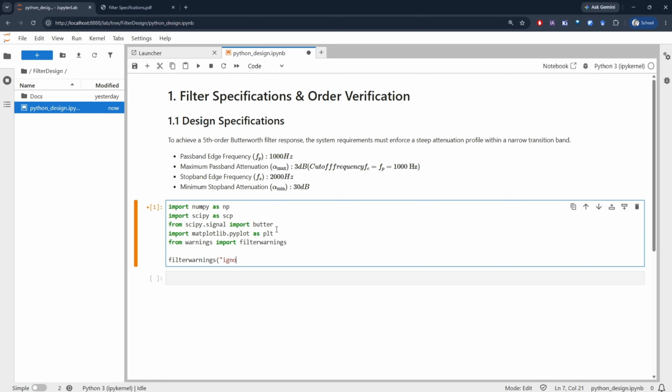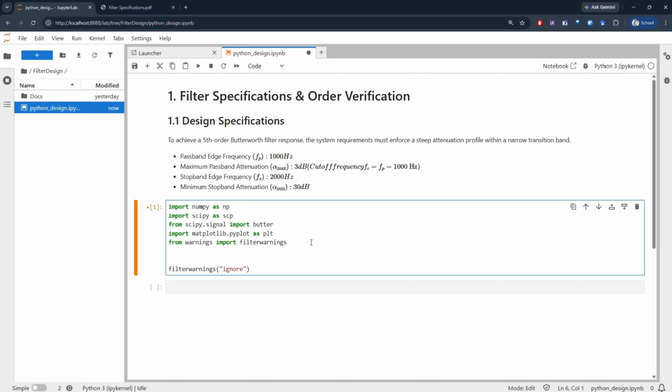Because I'm going to use the control library from MATLAB, and the matlab.tf has been deprecated, so I'm going to use ignore so that I ignore those messages. So from this, I'm going to import control as ct.